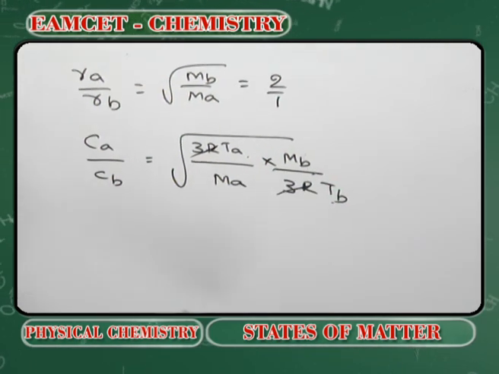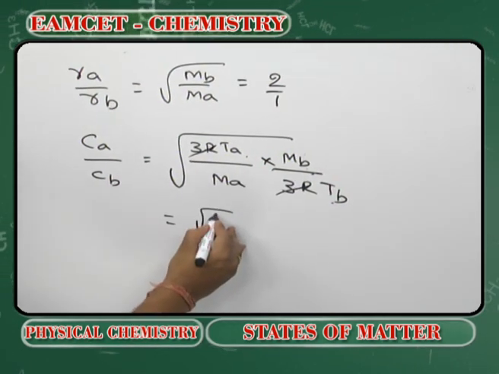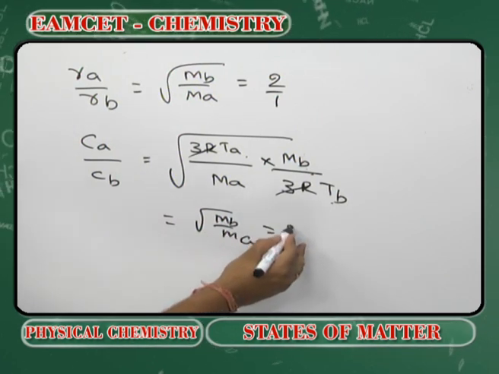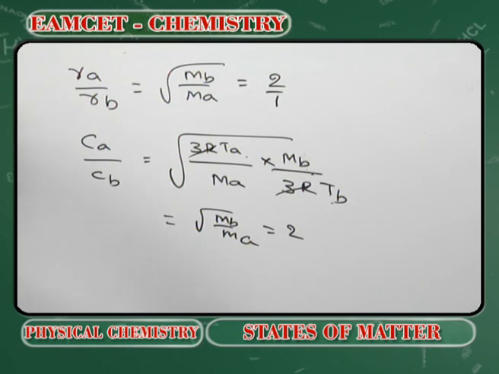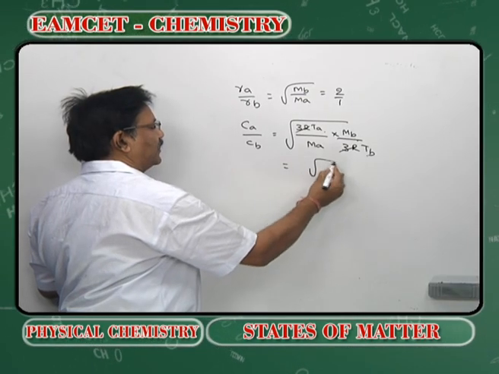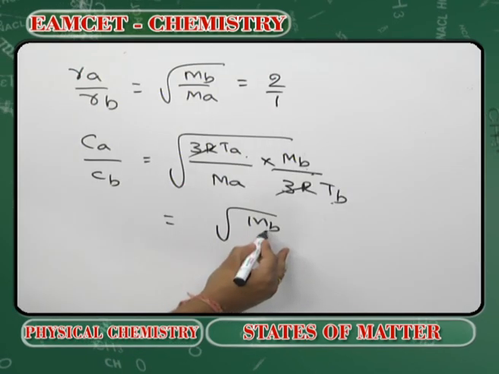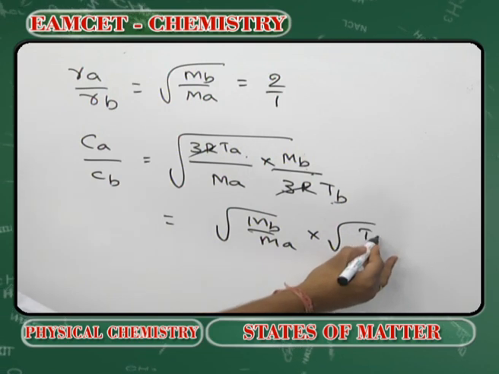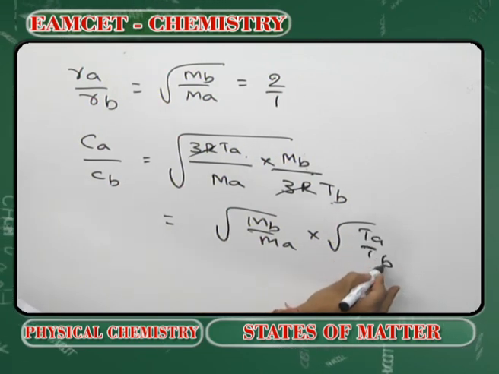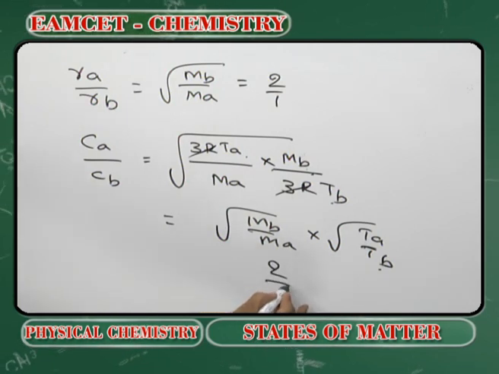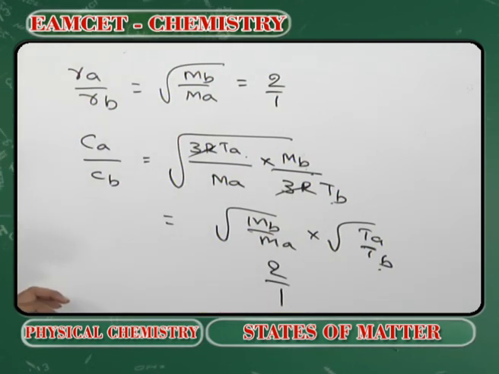Now root of MB by MA is equal to 2. What is left over? We can write it like this: root of MB by MA into root of TA by TB. What is root of MB by MA? 2 by 1. What is root of TA by TB?